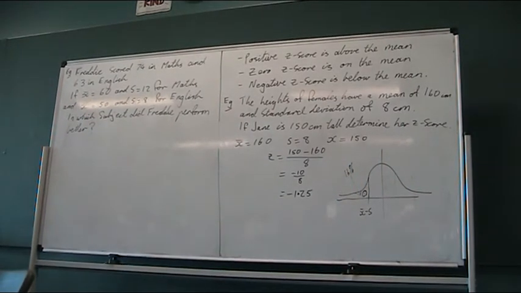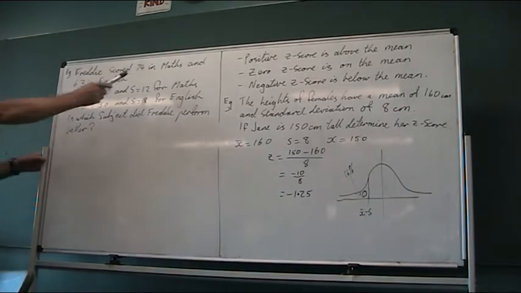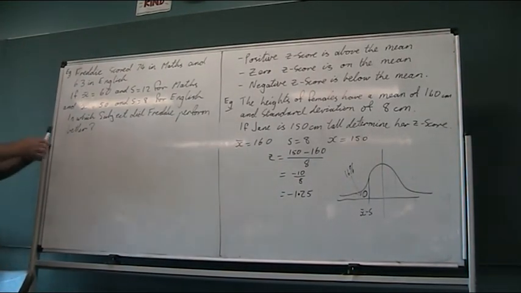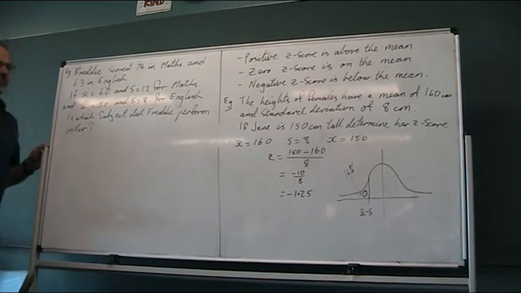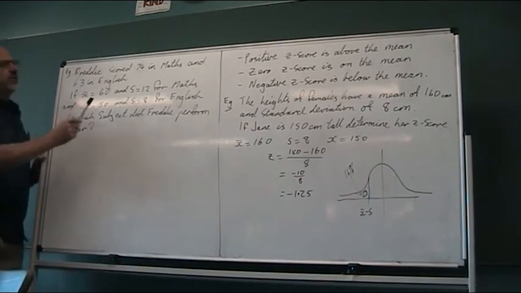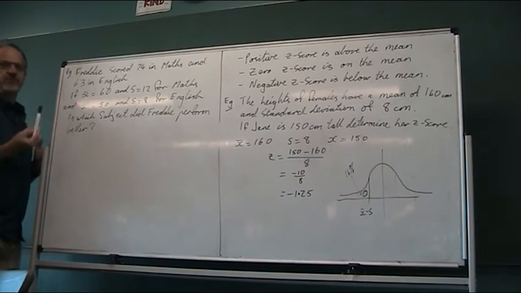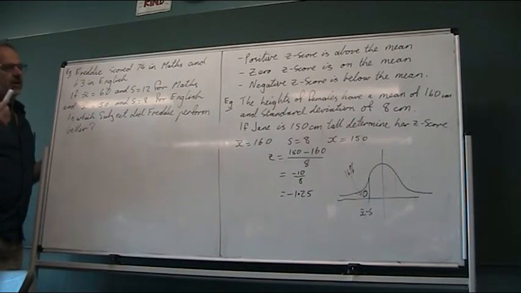So in this particular question, it says Freddie's got 74 in maths and 63 in English, and the final bit is which he performed better in. Initially you'd say he got more here than here, so he performed better, but it depends on what that comparison is.